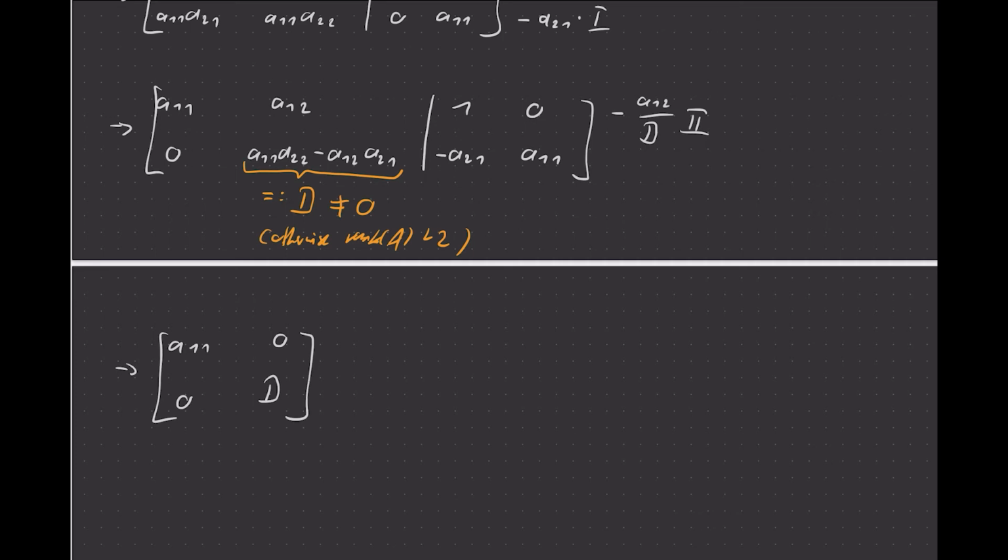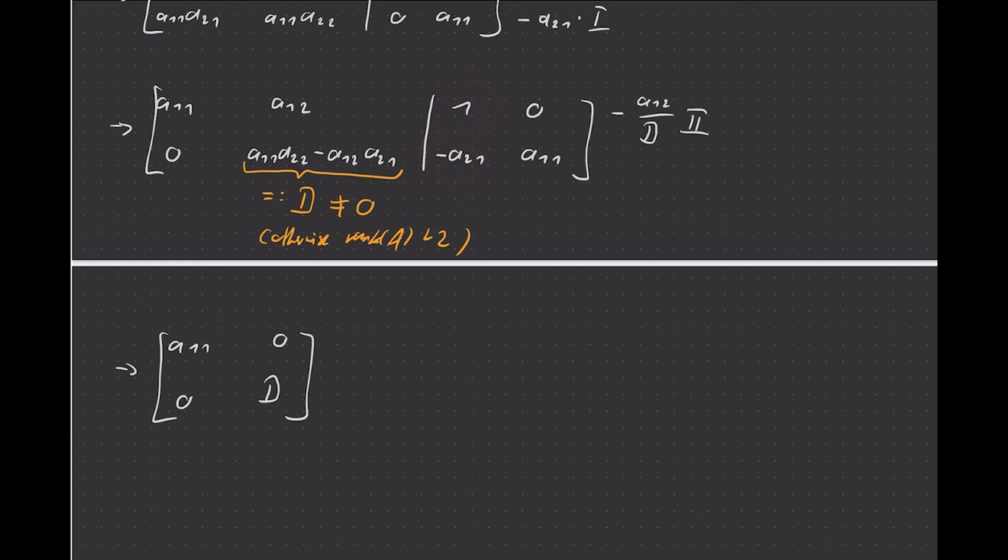And on the right hand side, what happens here is a little more complicated, unfortunately. So we have minus A12 over D times this expression plus 1.